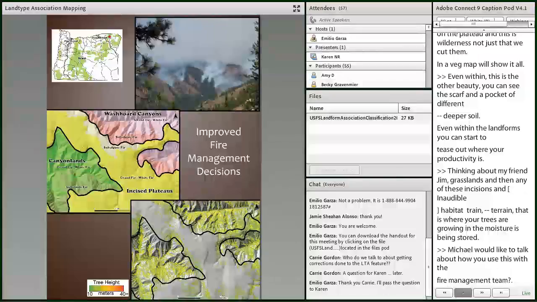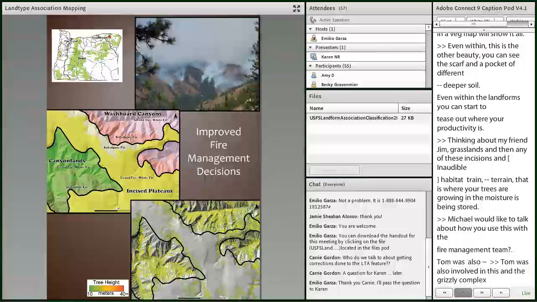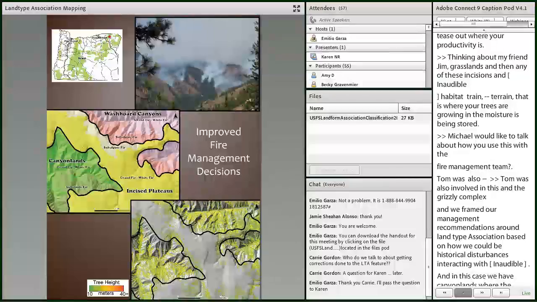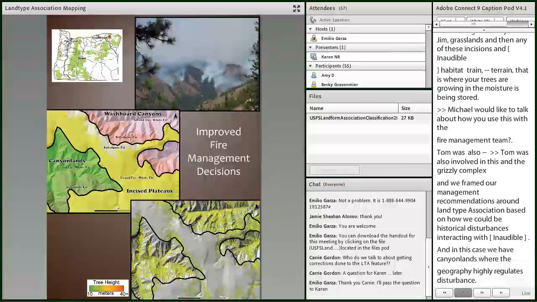And we framed our management recommendations around Landtype association, based on how we could see historical disturbances interacting with physiography, where we have, in this case, canyonlands where the physiography highly regulates disturbance. And then once you're on the plateaus, it's more regulated by fire weather and the availability of fuels.